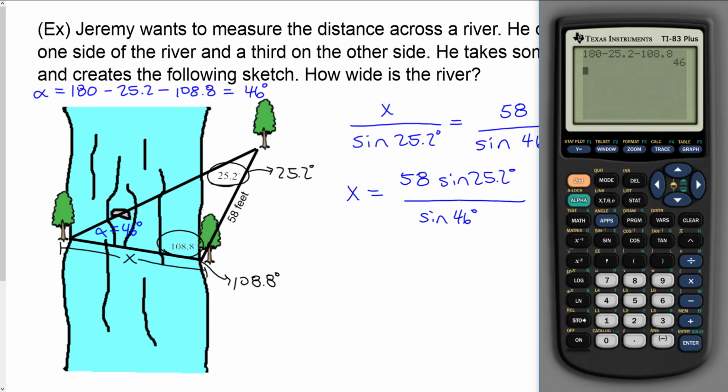And the calculator will come up with that answer for us. Just make sure you're in degree mode. So we can safely say this is approximately 34 feet. So the distance across the river is approximately 34 feet.